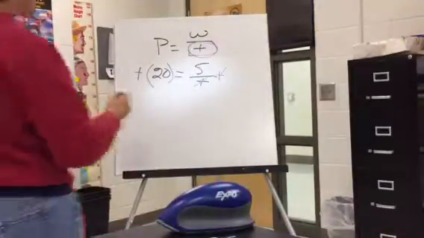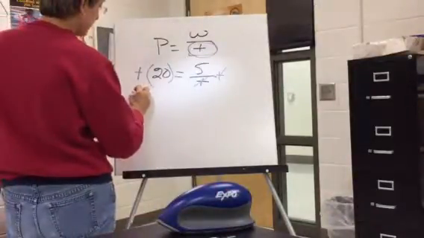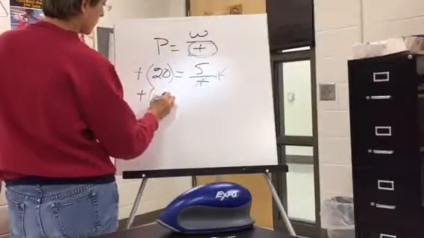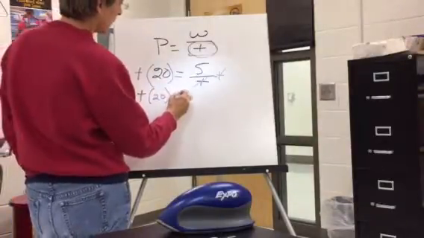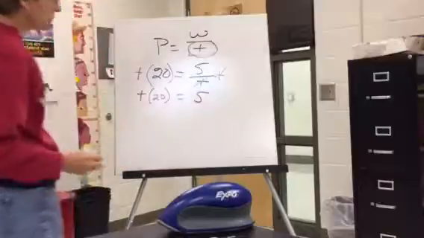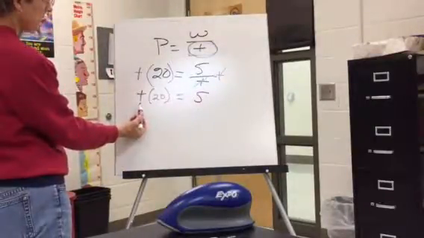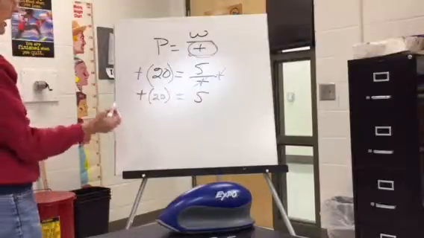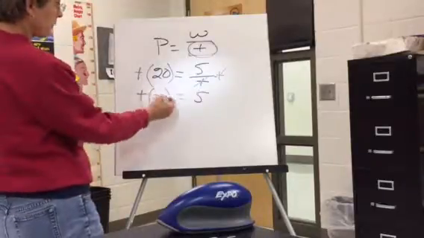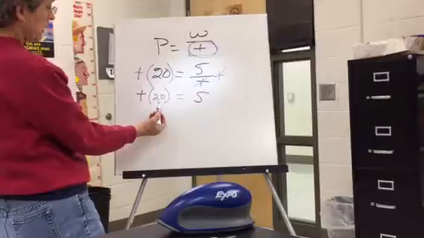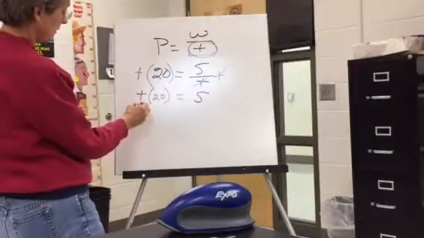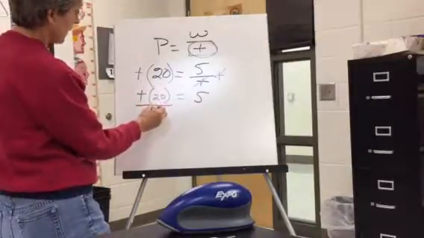The next step will be this. Time is multiplied by 20, and you have 5 over here. Now what you want to do is isolate the t, the time. To get rid of the time, if you've multiplied here, then to cancel it out, you're going to have to divide.